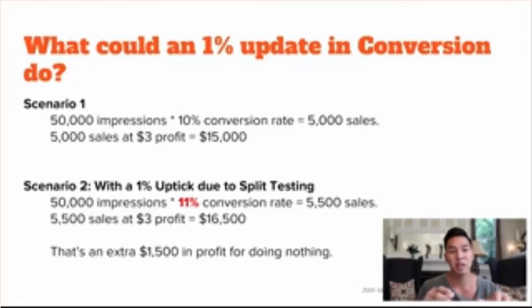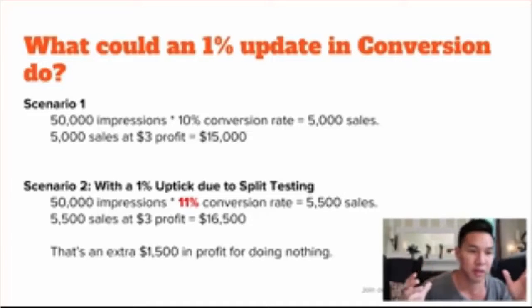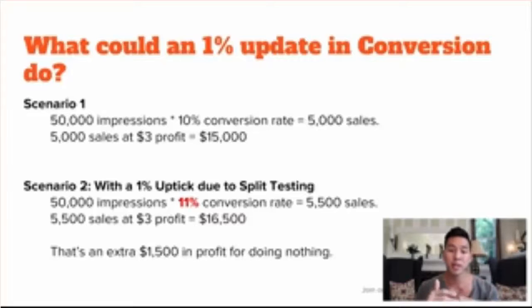However, if you split test, right, and say you update the images or you do something else, and it increases by just 1%, right? It goes from 10% conversion to 11% conversion. That means you're gonna be at 5,500 sales, right? So 5,500 sales times 3 is going to give you another $1,500, and that's just something you kind of set and forget.